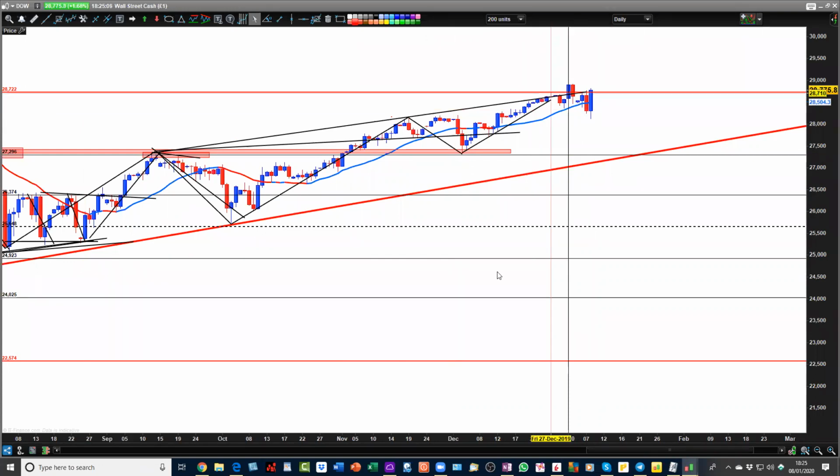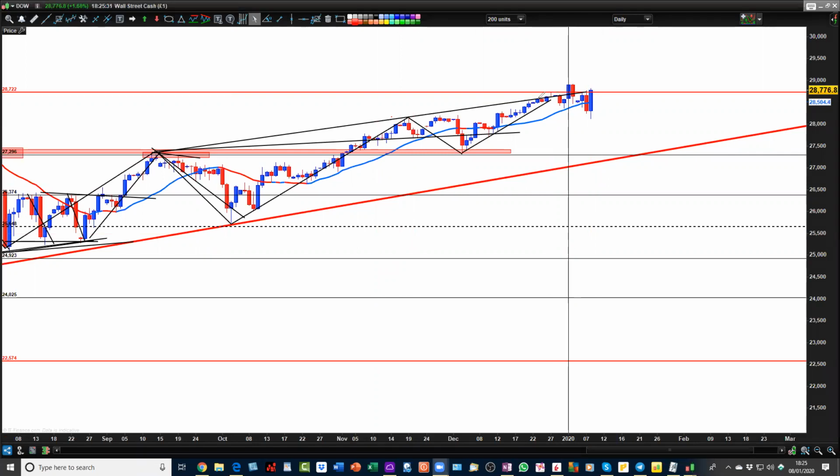If we hold this high and then make a new break and make a new high this week, whether it's Friday or tomorrow or whatever, then obviously that's really, really bullish. If we can't close up here, can't hold this next week, then this could roll over. So the jury's still out for me.